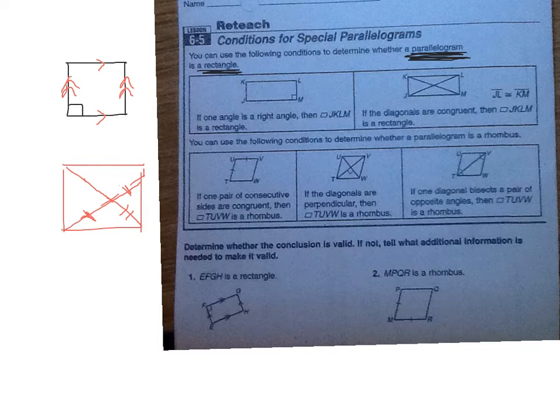Therefore, this piece is not going to be congruent to this piece. I've got to have all those pieces marked congruent like that. Then I can say that this is a rectangle.